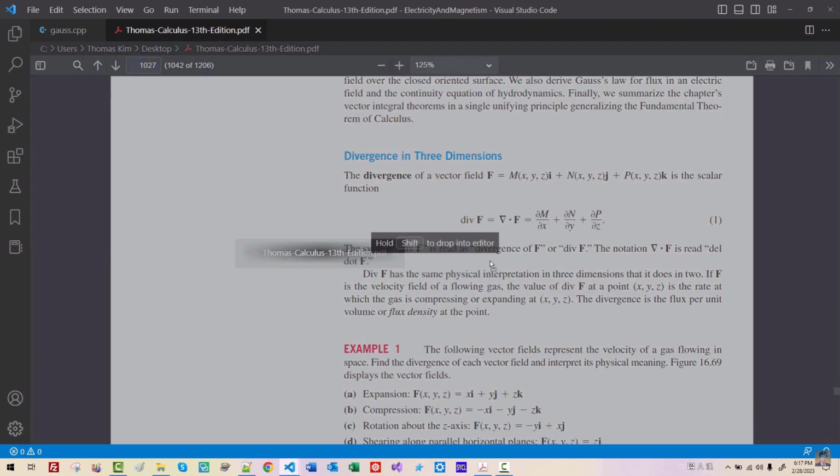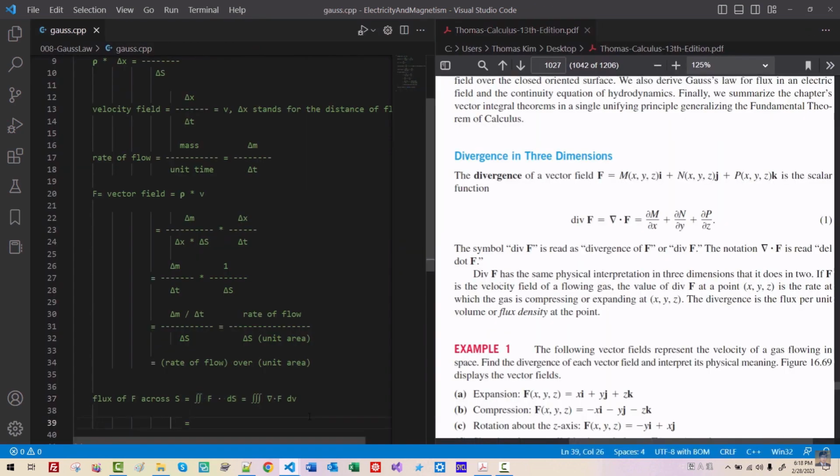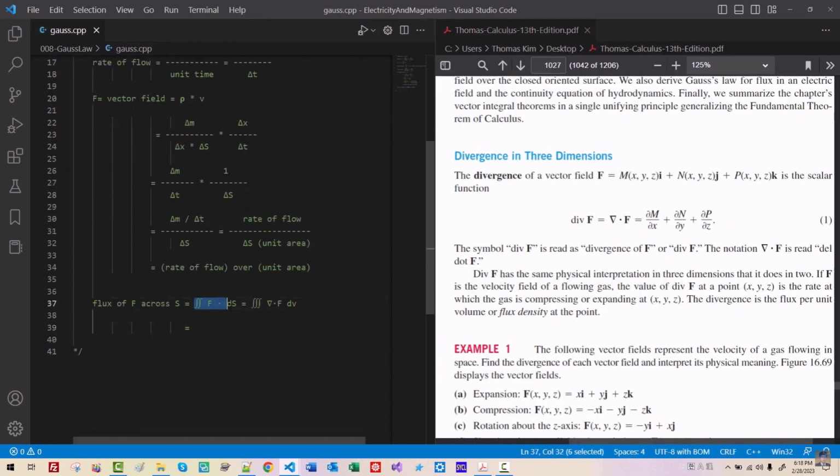Now, I will arrange side by side. Here, I will copy this part, then an indent. From this equation, vector field F is defined as rho times b. This rho times b is defined as delta m over delta t delta s.